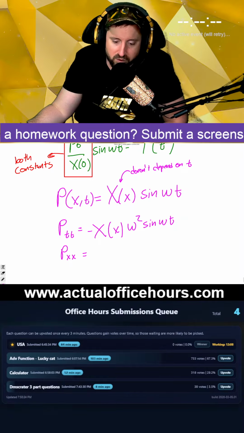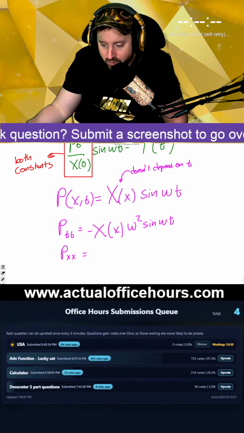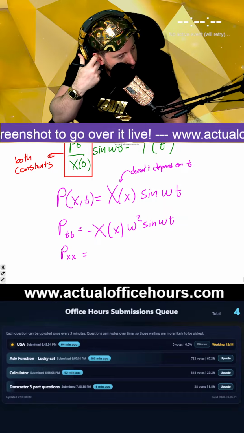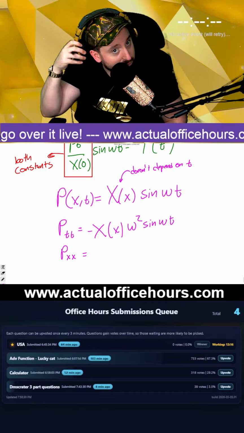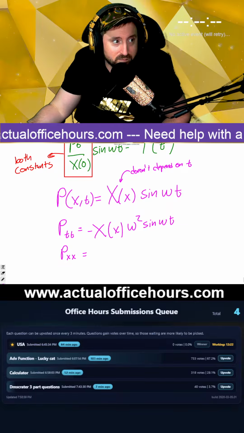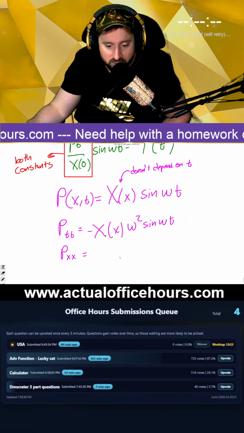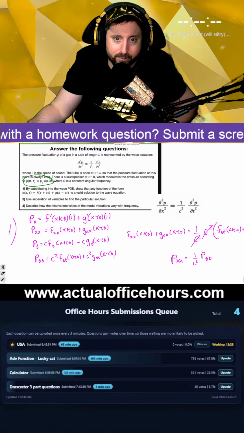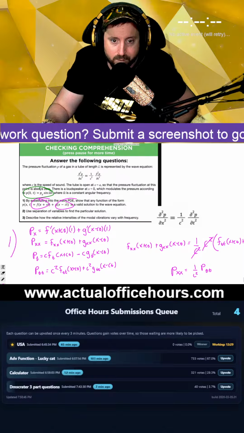But this one's simple enough that you can derive it. Your x plus ct and your x minus ct, you don't really use that much. It's more of a conceptual understanding that your solution is a superposition of a forward and backward traveling wave. Right. Forward and backward waves.